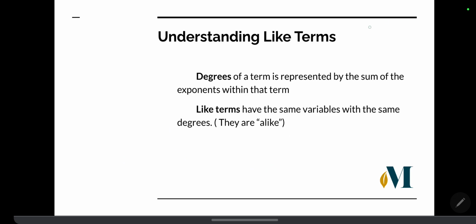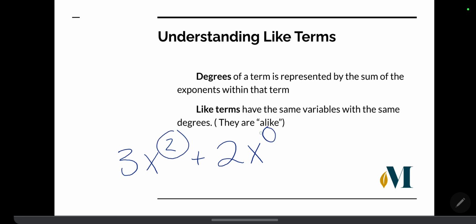But for instance, if I had 3x squared plus 2x, well, these both have the variable x, but they do not have the same degree. This is actually to the power of 1, but it's 2 different degrees, so these are unlike terms.